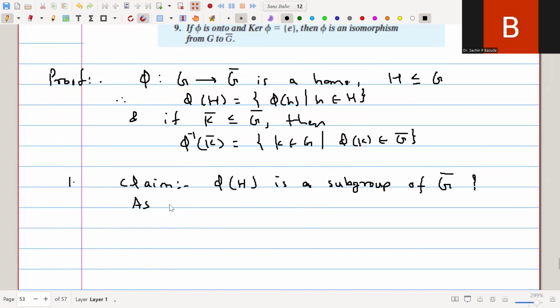As H is a subgroup, the identity belongs to H, and we know that identity maps to identity under homomorphism. Therefore, e dash equal to phi of e belongs to phi of H. So identity belongs to phi of H. So this implies phi of H is not empty.